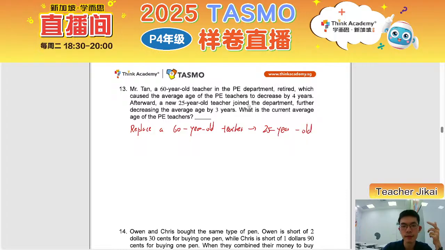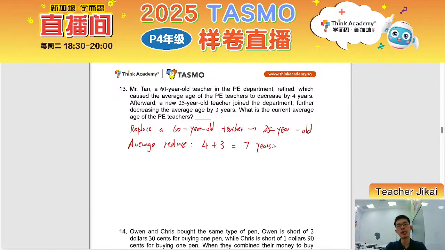And the average reduces by how many? First reduce 4 and then reduce 7. Yes, the average will reduce 7 years.